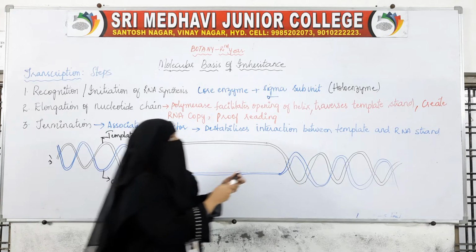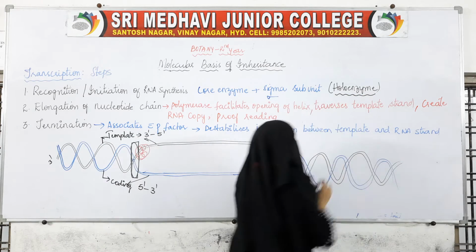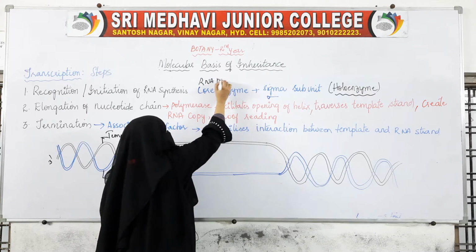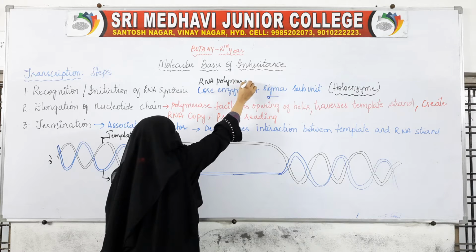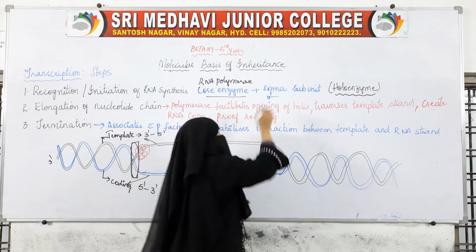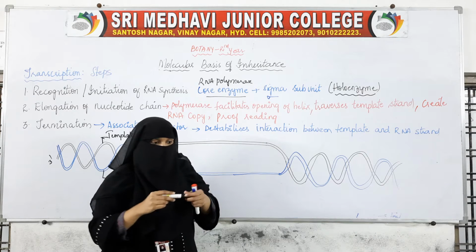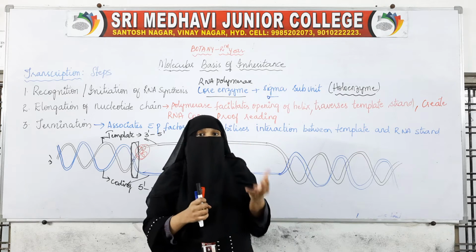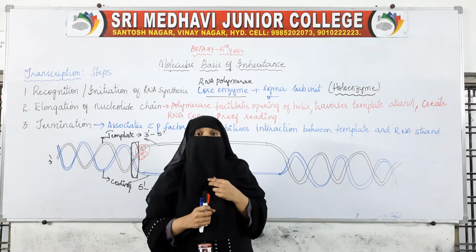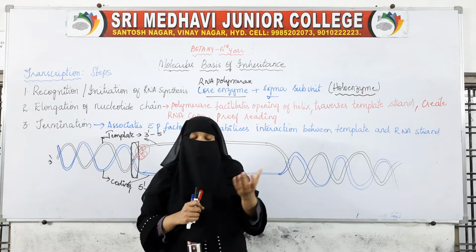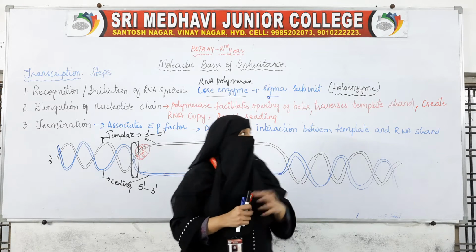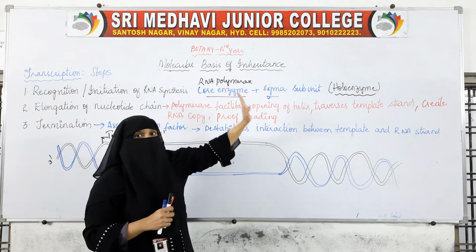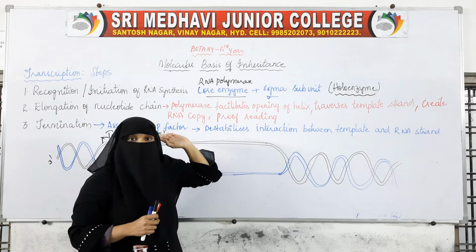So it forms the holoenzyme. When the RNA polymerase core enzyme is along with these sigma particles, these sigma particles are very essential in the initiation of the transcription process. The sigma subunit is very important in the initiation of transcription.